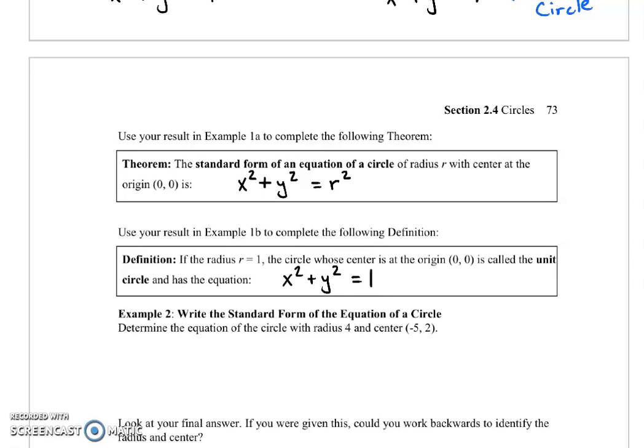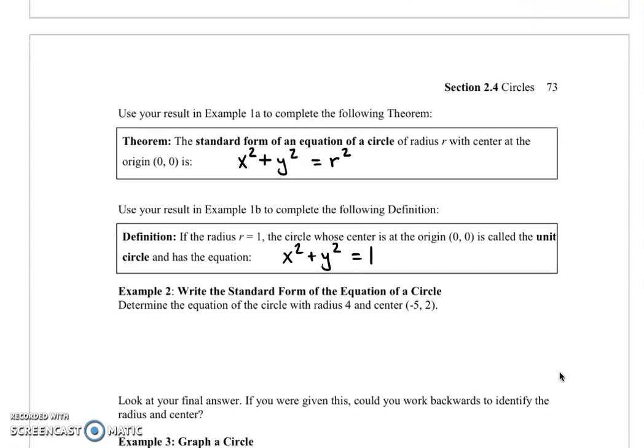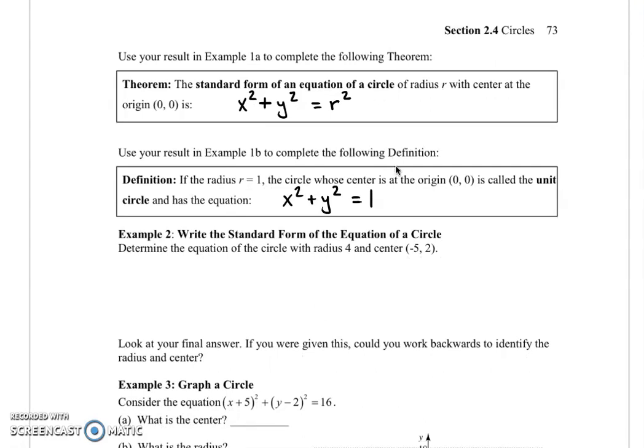So let's write the standard form of the equation of a circle that has a radius of 4, so r is 4, and the center is (negative 5, 2), so that's (h, k). We start with (x minus h) squared plus (y minus k) squared equals the radius squared.